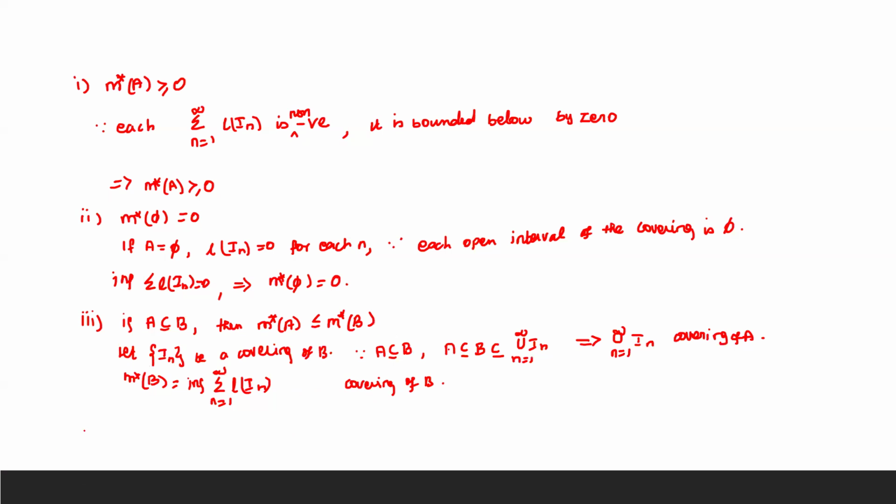Using the property of infimum, given epsilon greater than 0, we can find a covering such that the sum over n equal to 1 to infinity of the length of I_n is less than or equal to the outer measure of B plus epsilon.